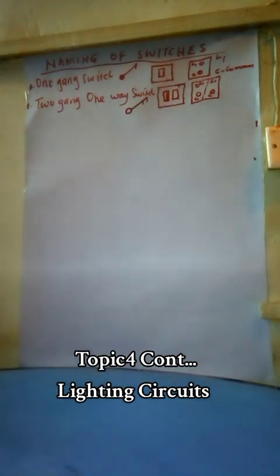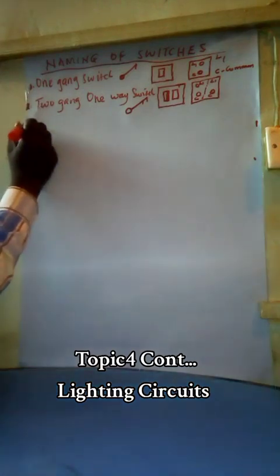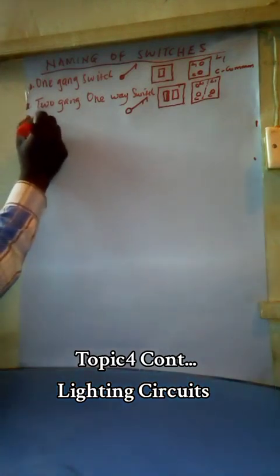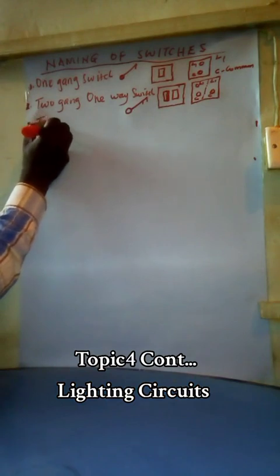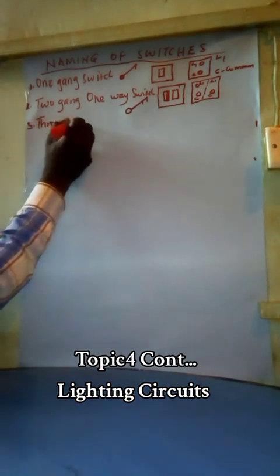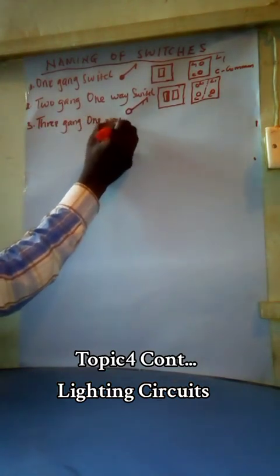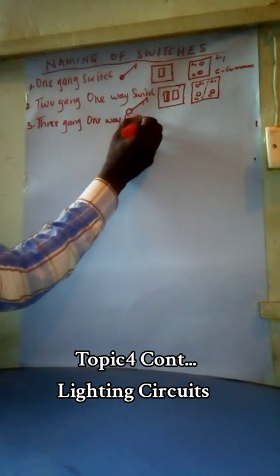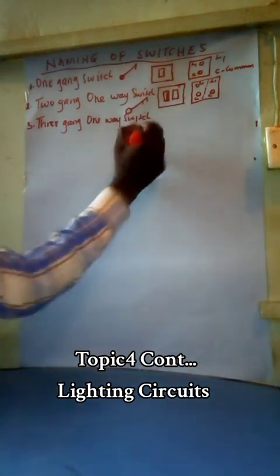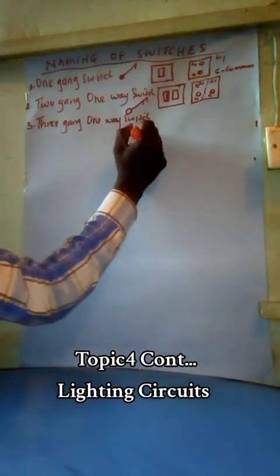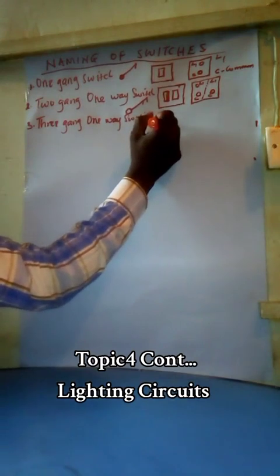Okay, let's look at three gang, one way switch. Number three, three gang, one way switch. The graphical symbol for three gang, one way switch is like this. 1, 2, 3.